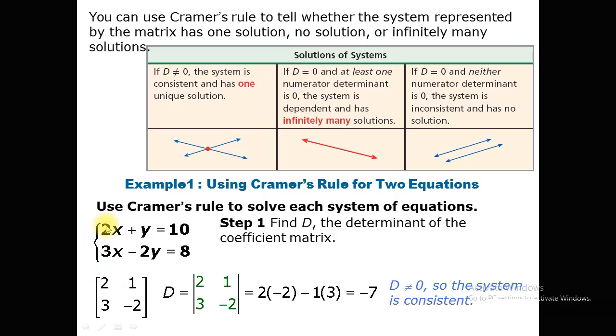In the first equation we have the coefficients 2 and 1, and in the second equation we have the coefficients 3 and minus 2. So the coefficient matrix contains the entries 2, 1 in the first row and 3, minus 2 in the second row.